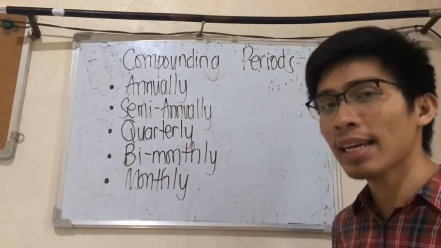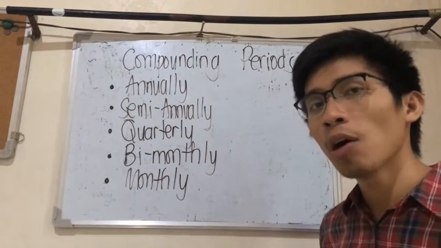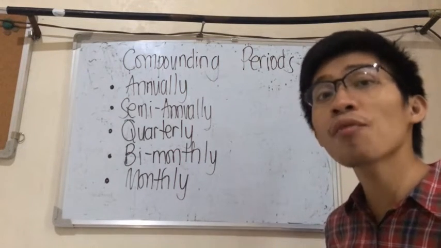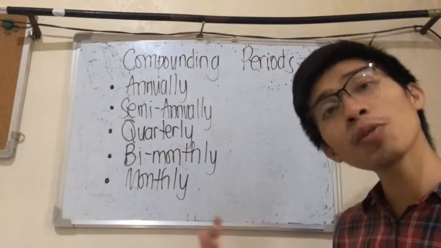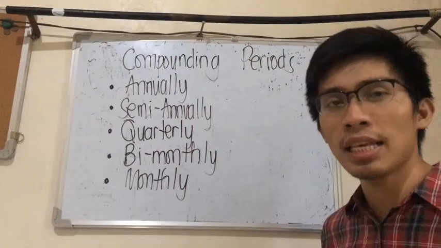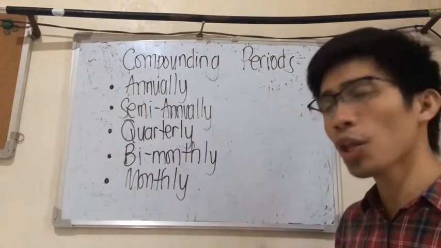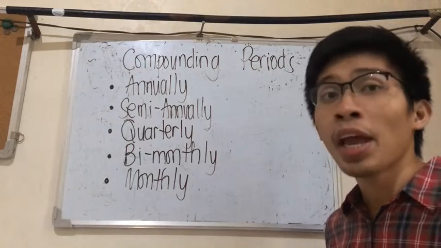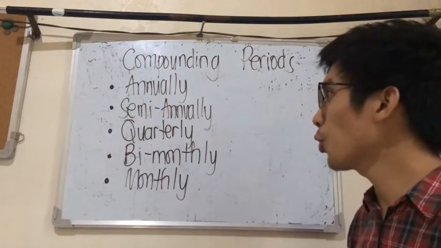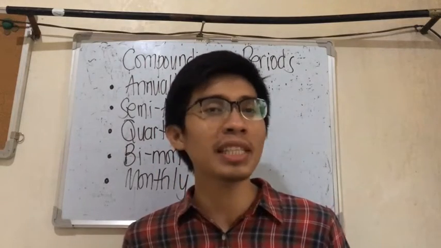Quarterly, it will increase 4 times a year, or every 3 months. How many 3 months in 1 year? We have 4. Bi-monthly, your money will increase every 2 months. Monthly, your money will increase every month. In short, compounding periods describe how frequent your money will increase every year.